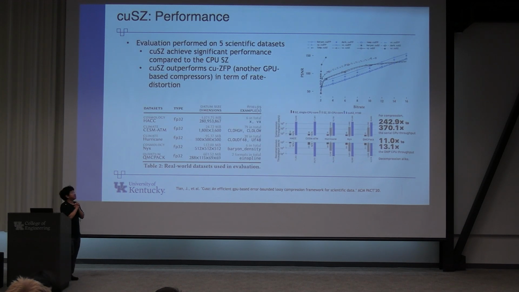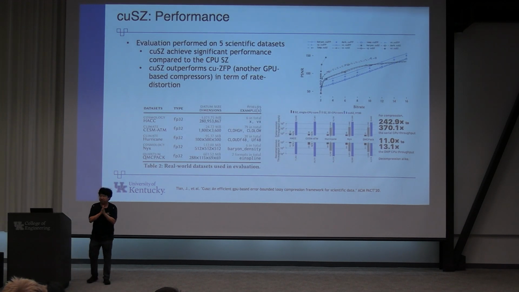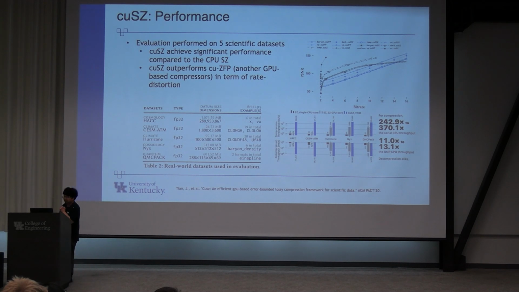So this figure just shows the performance we achieve using QSA compared with the traditional approach. Basically, if you look at the figure on the right bottom, you can see the performance gain.